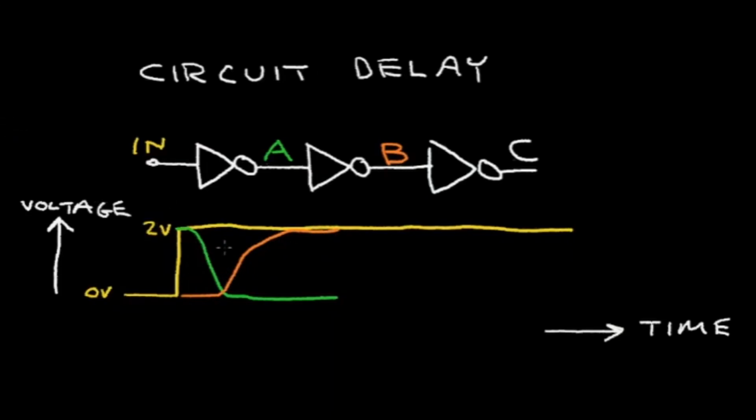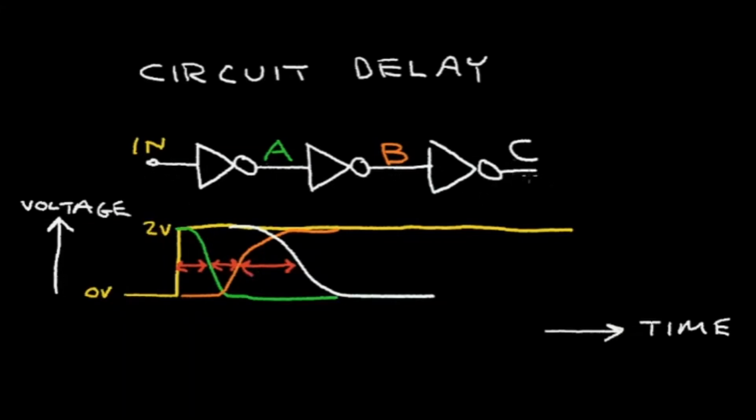Now that allows the signal C to change from a 1 level and then transition to a 0 level and stay at a 0 level. So we see here that the first inverter has a certain delay shown here. The second inverter has this delay, and the final inverter has this delay. So the circuit does not respond instantaneously. It takes time for the signal to propagate through these three inverters.